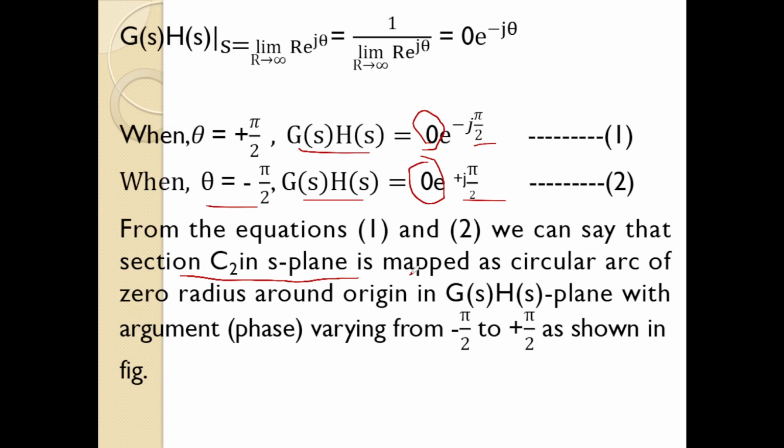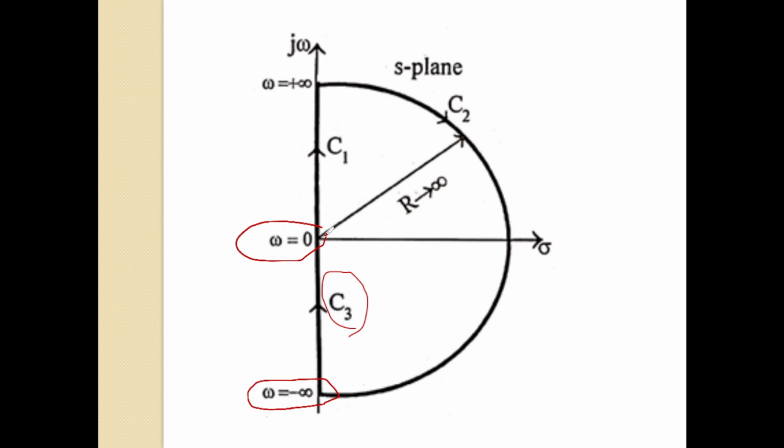If you observe here carefully, for C3 section, omega is varying from minus infinity to omega equal to 0. Omega is varying from minus infinity to 0. So the mapping section of C3 can be obtained by the locus of G of j omega, H of j omega as omega varies from minus infinity to 0.